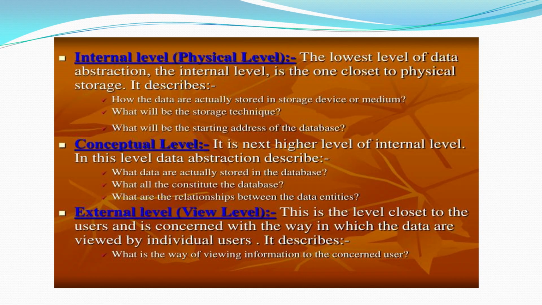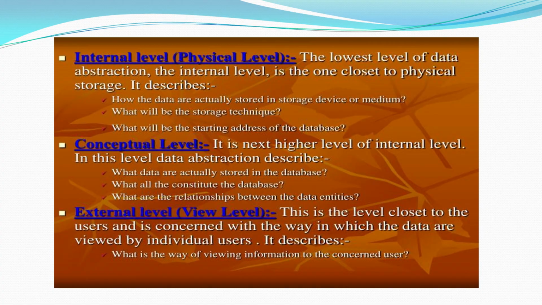The next higher level of data abstraction is the user level or external level. This is also known as the view level data abstraction. This is the level closest to the users and is concerned with the way in which the data are viewed by individual users. It describes the way of viewing information for the concerned user.